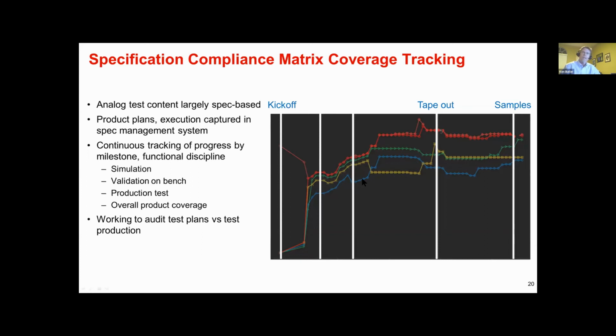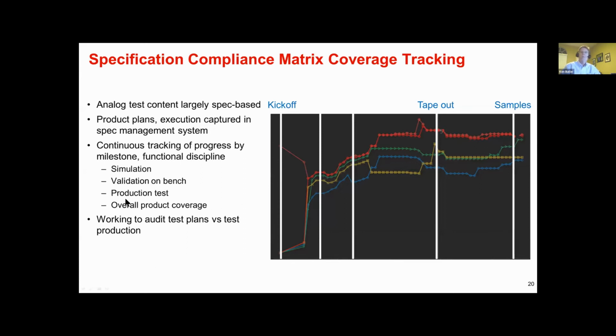So it drives our data sheet systems that we publish to our customers, and it also is used for planning to determine what are the various things that we're going to do for each of the various disciplines that we use when we design a part, validate it, and then production test it.